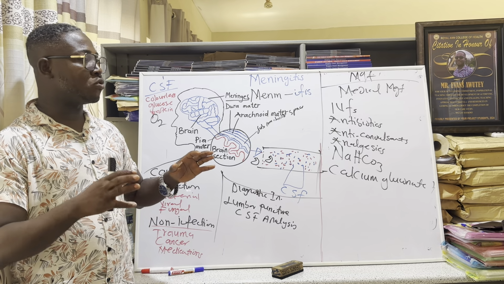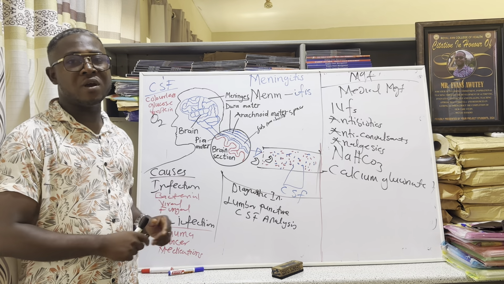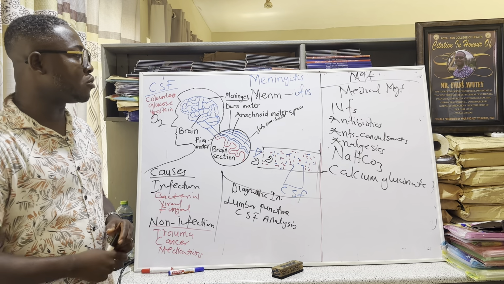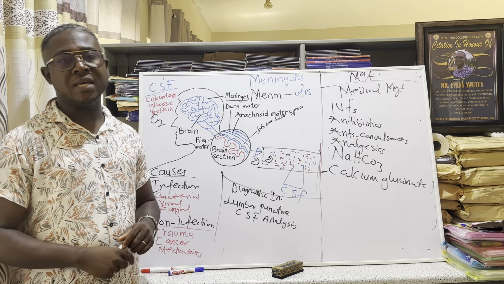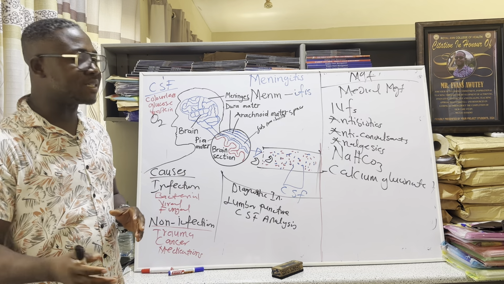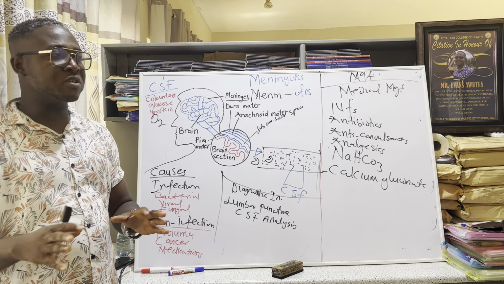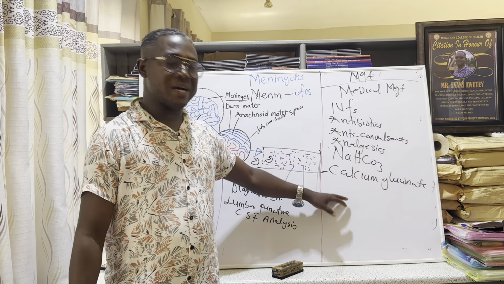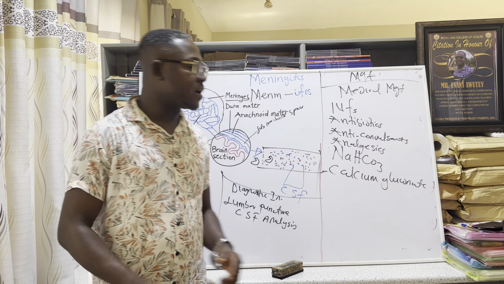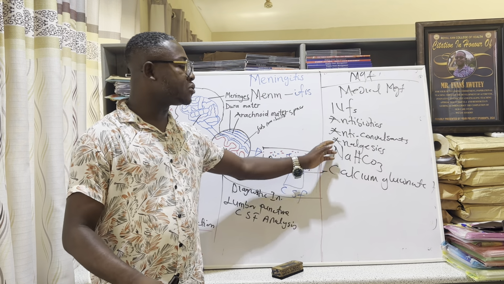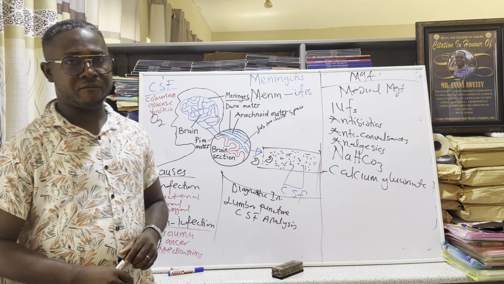Low, and so that can lead to what? Hypocalcemia. And we know hypocalcemia is also one of the things that can also lead to seizures in meningitis, apart from the irritation of the meninges. And so when that happens and your laboratory investigation shows that there is hypocalcemia, then you can give what? Calcium gluconate. And so this too depends on the assessment findings.